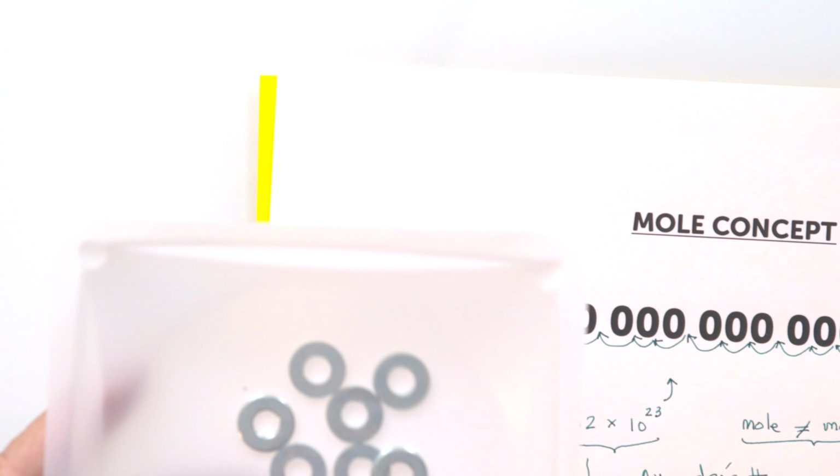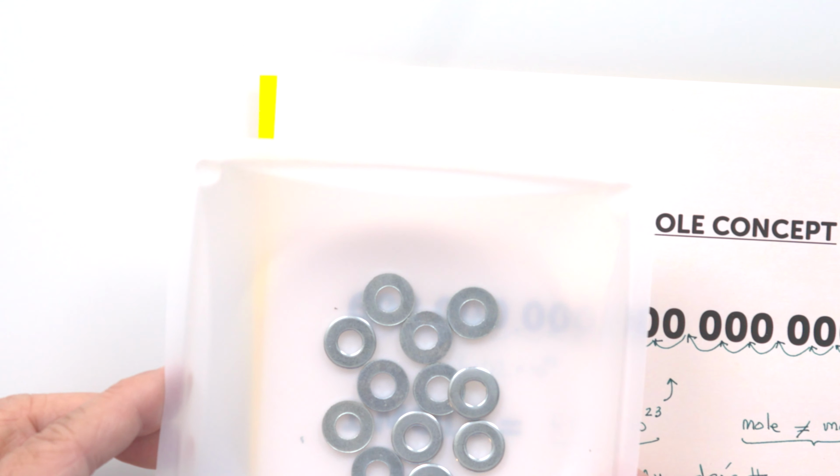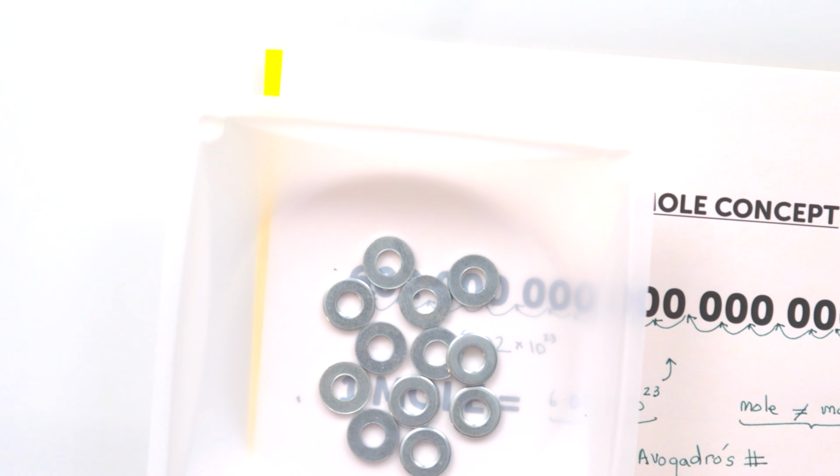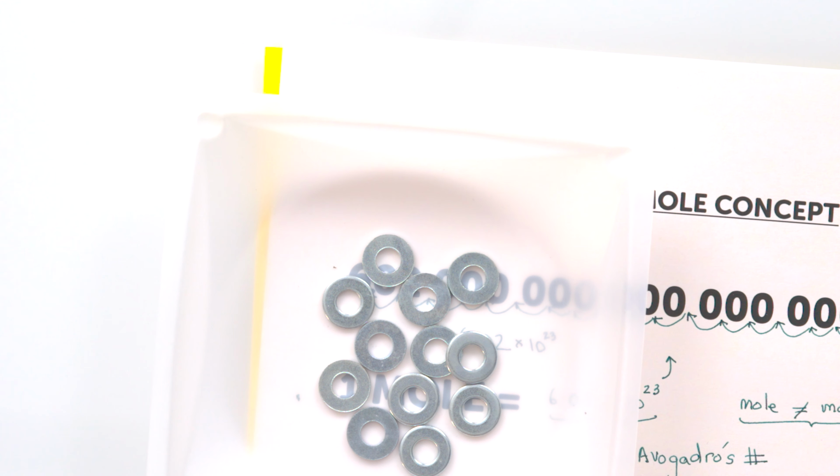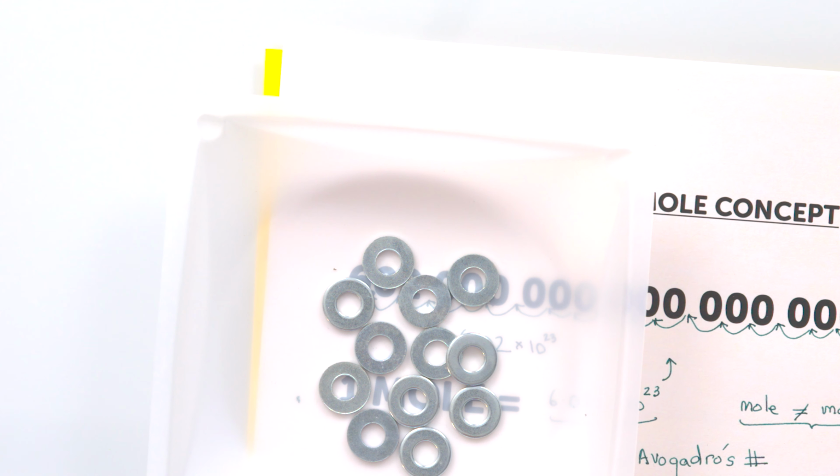Let me give you another example. Okay? I've got some washers here. You should be able to see these washers pretty clearly. So these washers right here, you've got 12 washers. The 12 washers would be considered a dozen. If I had a mole of washers, you got to understand this. So this is one washer.